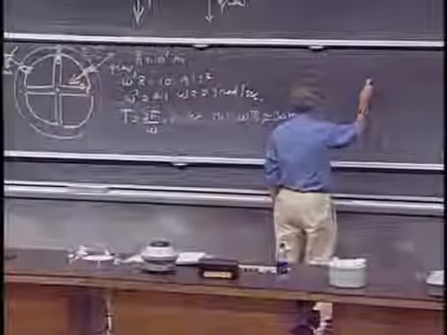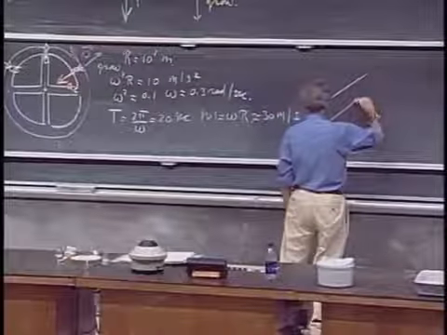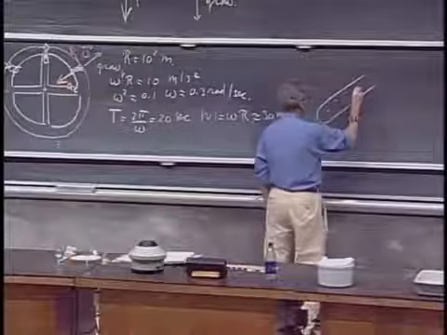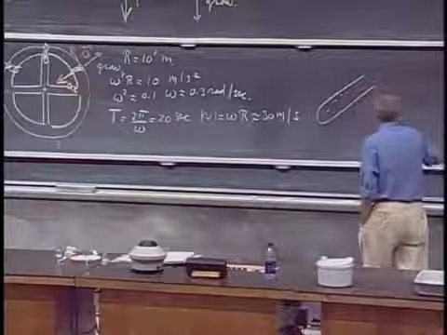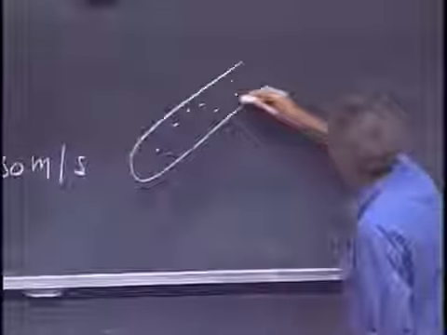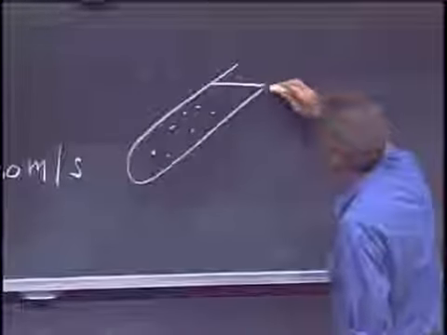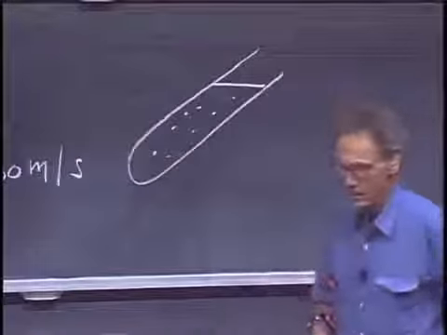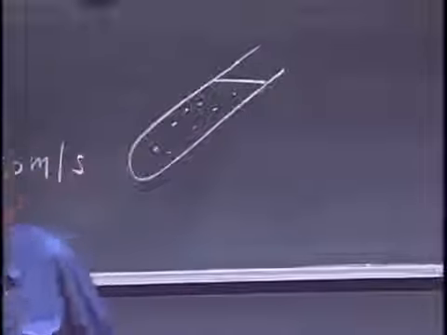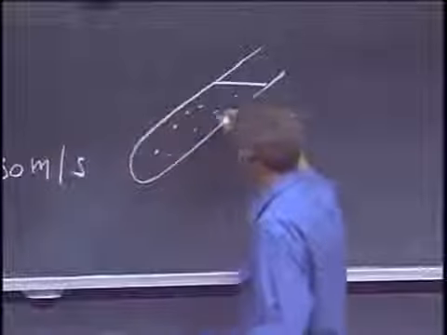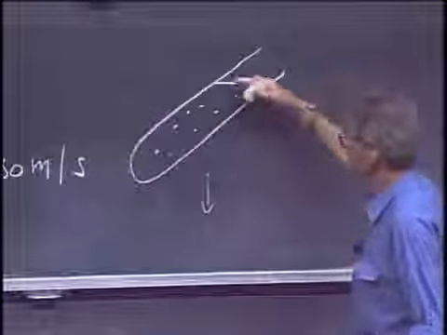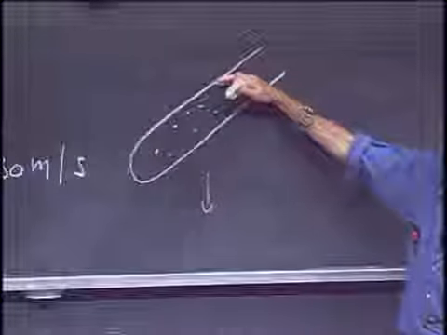And here is that tube, which has these fine particles. And the tube is sitting there, and the line of the liquid is obviously like this. Why? Well, that's obvious, because gravity is in this direction. And so the surface of the liquid is always perpendicular to gravity.